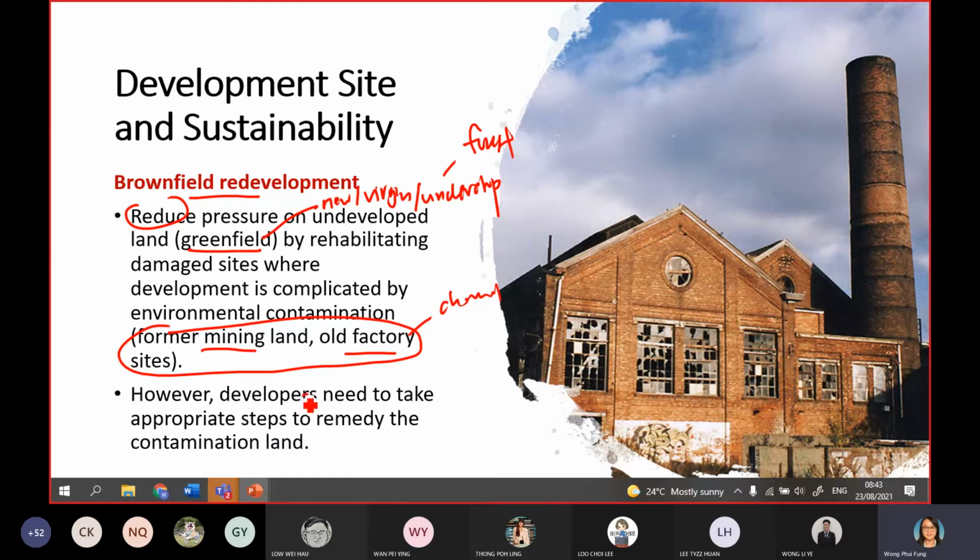So the developer needs to take appropriate steps to do rectification to remedy the contaminated land. So that is a pro and con. If we want to take on brownfield redevelopment, we need to take appropriate steps to do rectification first, to remove all the harmful substances before we take on the new development. Okay, so brownfield instead of greenfield.